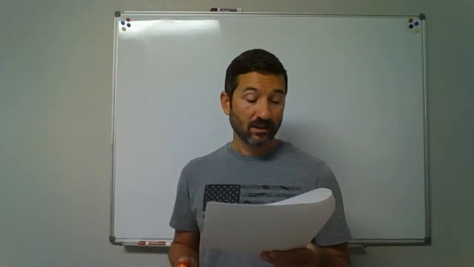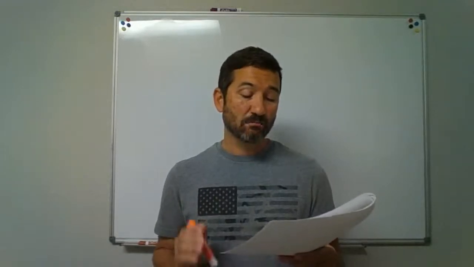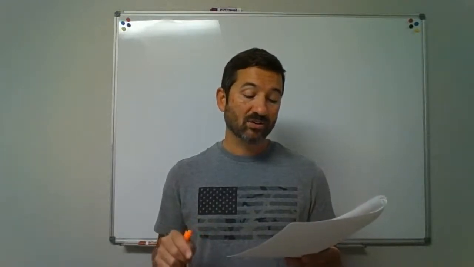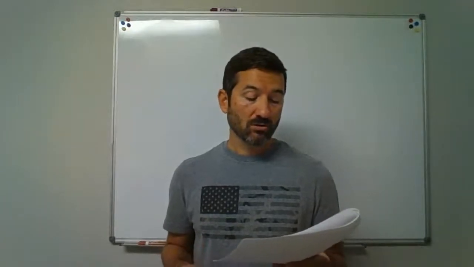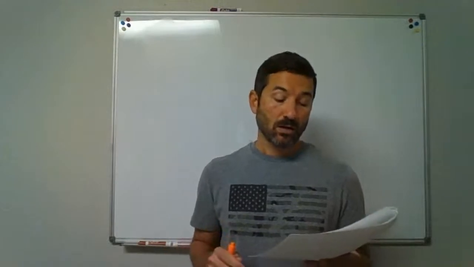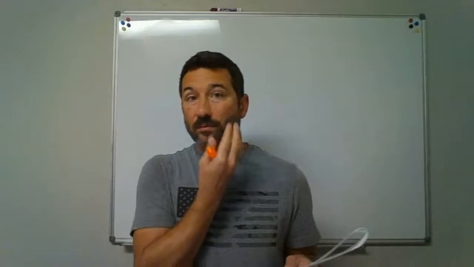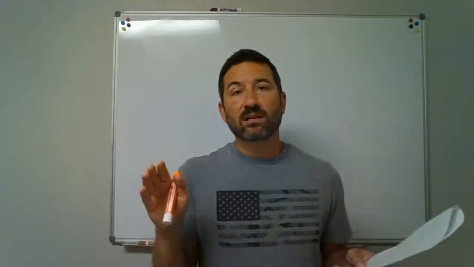Question 19. A vent is allowed to run 40 feet at its minimum size before it has to be increased by 1 pipe size. True or false? Now, this question is looking mainly for the distance.